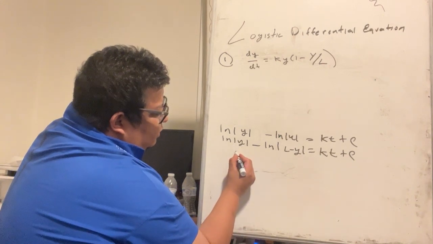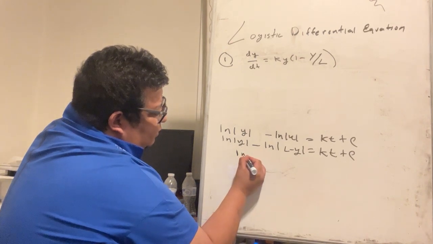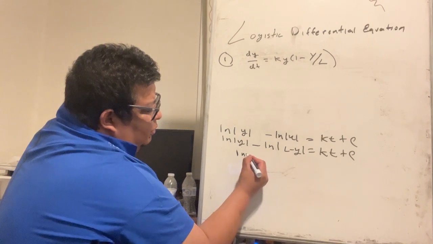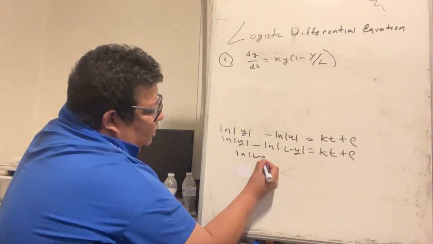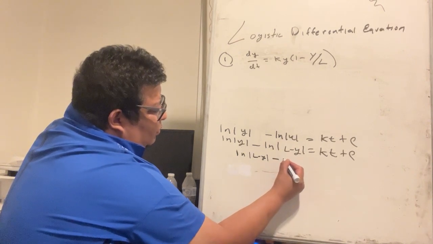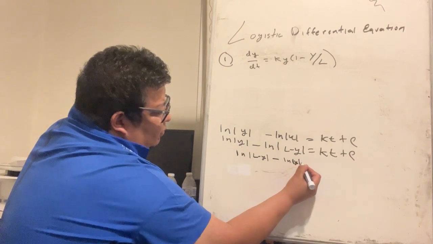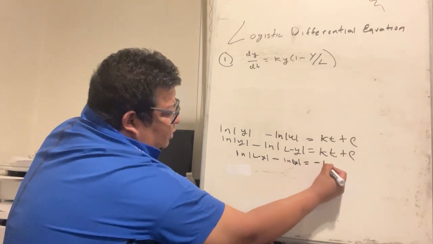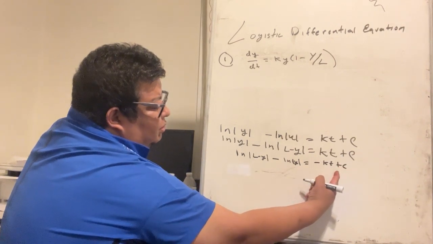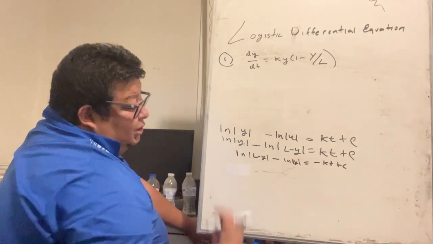So we're going to flip, making this positive, basically multiplying the left side and the right side by a negative. This will be ln of L minus y minus ln of y equal to minus kt plus c. Notice the c doesn't change the sign because we don't need to, we're going to get rid of it. You're going to see how.